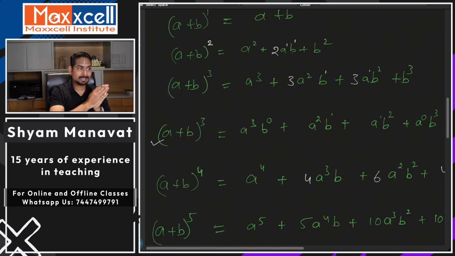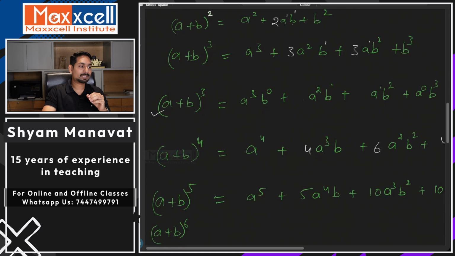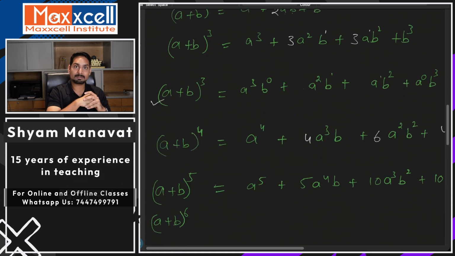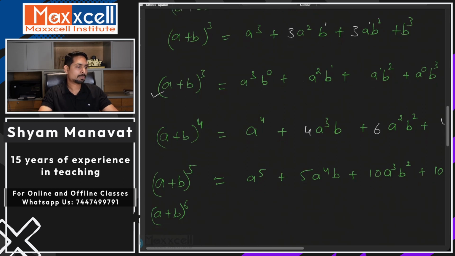So it's starting with a square and ending with b square in case of a plus b square. In case of a plus b cube, it's starting with a cube and ending with b cube. In case of a plus b to the power 4, starting with a to the power 4 and ending with b to the power 4. In case of a plus b to the power 5, starting with a to the power 5, ending with b to the power 5, right?